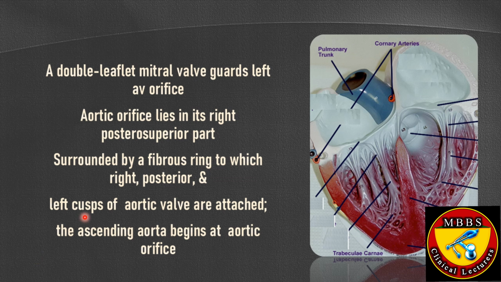The right, posterior and left cusps of the aortic valve are attached, and the ascending aorta begins at the aortic orifice. Simply, the mitral valve is more anterior as compared to the aortic valve, and the mitral valve is on the left side and the aortic valve on the right side, and this is more posterior.